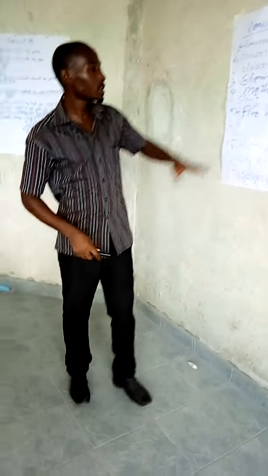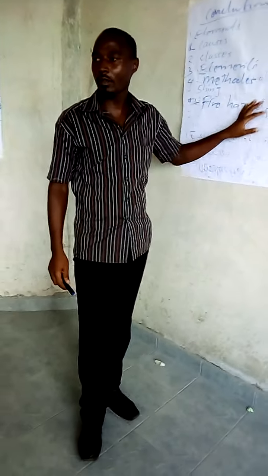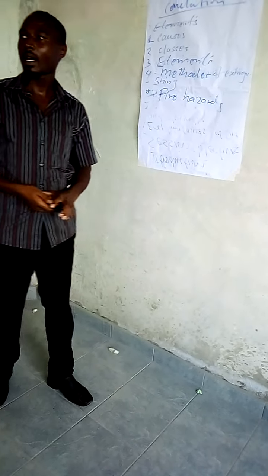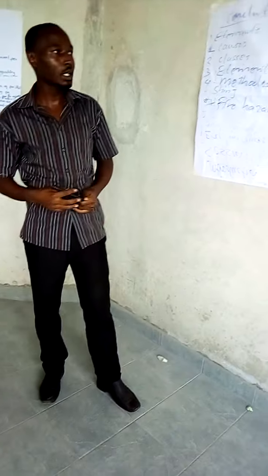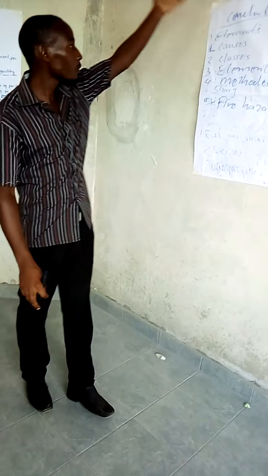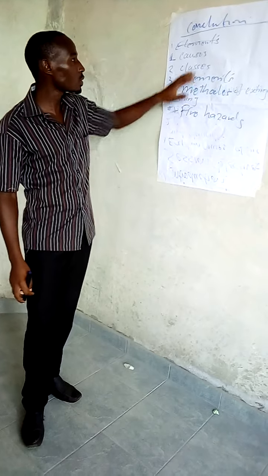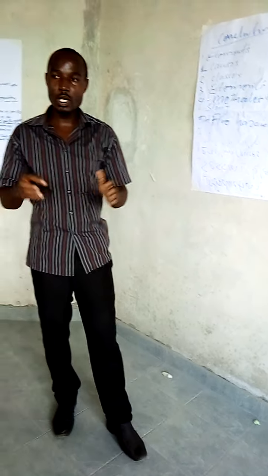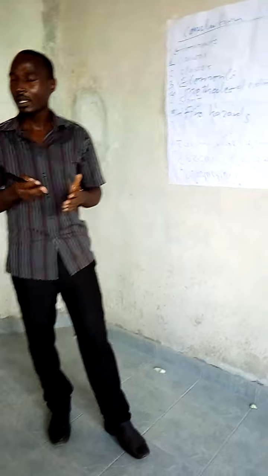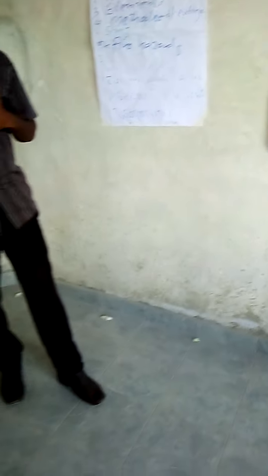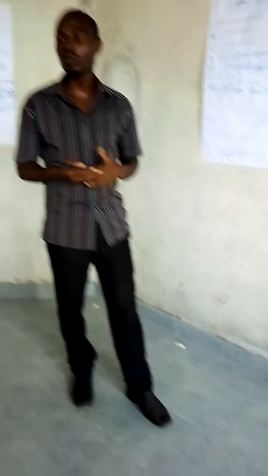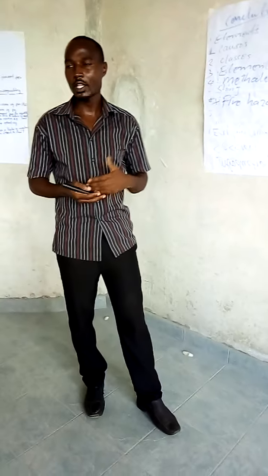Thank you very much. In conclusion, I want us to just give a general feedback of what we have been doing. And I think from the videos that I've watched, I would like you to come up very clearly in these areas. Number one, when you talk about the causes of fire, we are looking at any hazards. The moment you are vulnerable to that hazard, you are likely to get an injury.